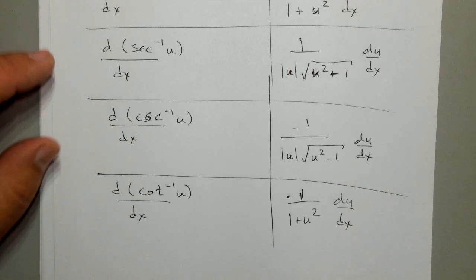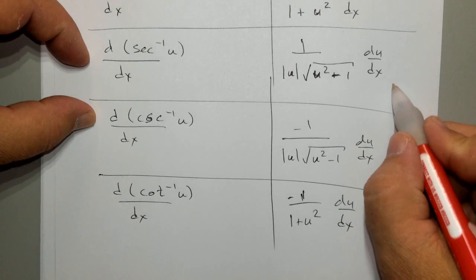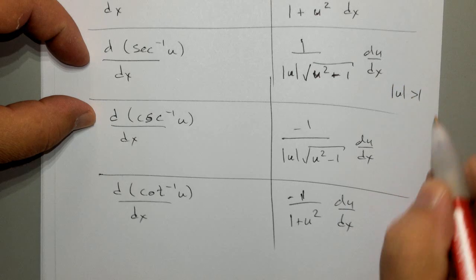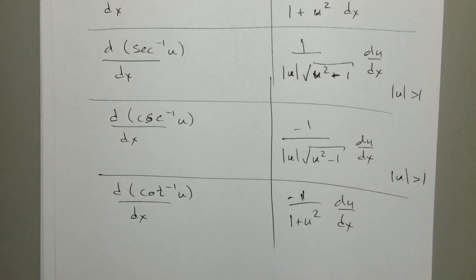Since these are reciprocal functions of the sine and cosine, absolute value of u has to be greater than 1. There you have it. You don't have to derive them anymore. Just plug and play in these when you're given these functions as homework problems.